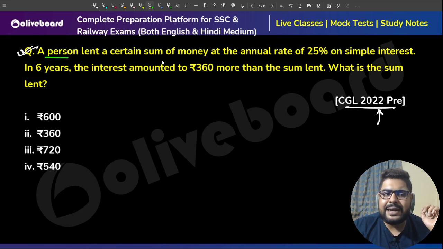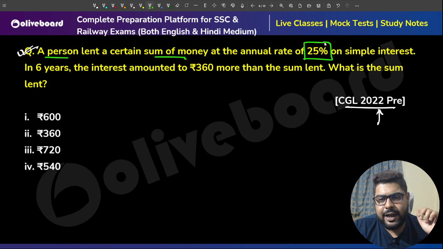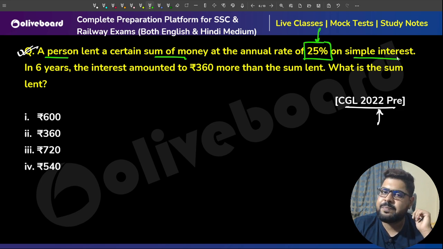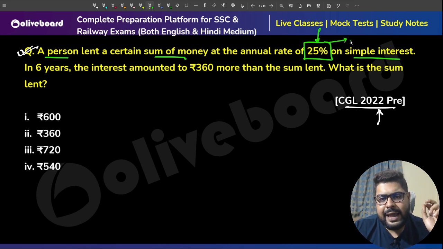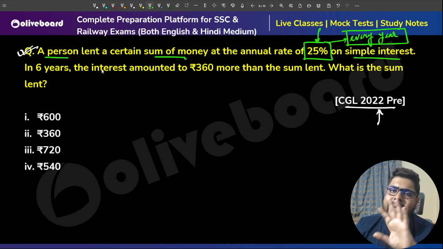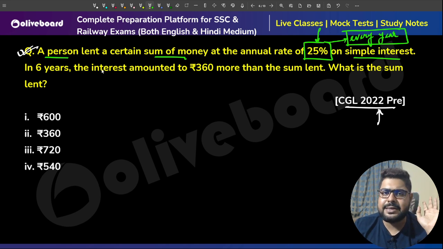A person lent a certain sum of money at an annual rate of 25% on simple interest. So this is the rate of interest given. That means every year I'll get 25% of the principal as my interest. That is what this means.